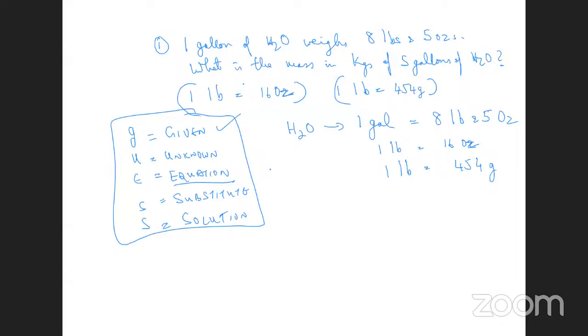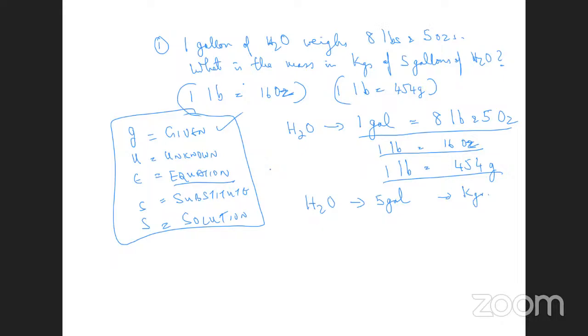So these are the givens. Unknown is what they're asking. They're asking, if we know this information and these conversions, what will be the mass for 5 gallons in kilograms.